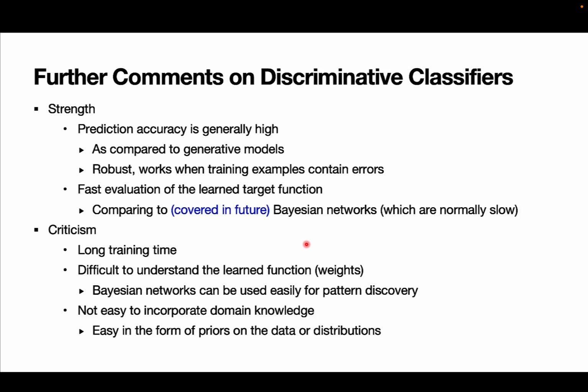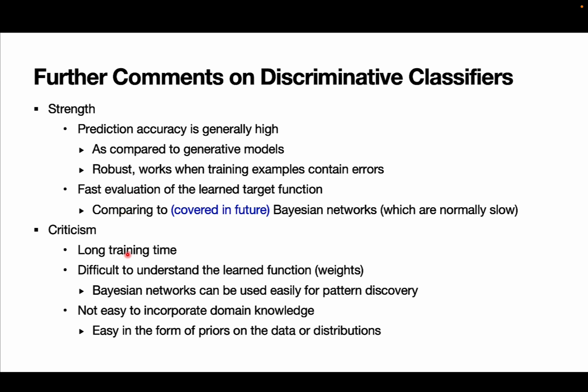Strengths and weaknesses of discriminative classifiers: they generally have higher prediction accuracy in comparison to generative models, are more robust to noise or error in the training data, and have faster evaluation.